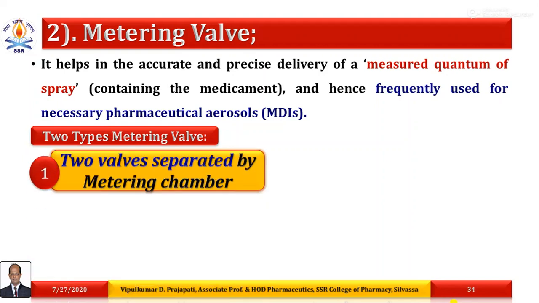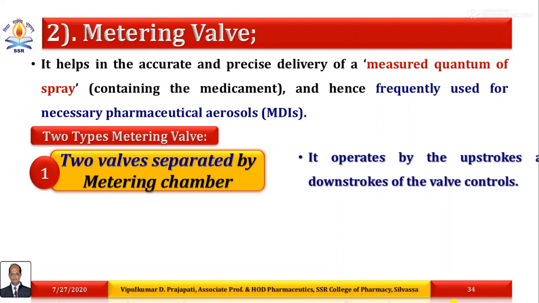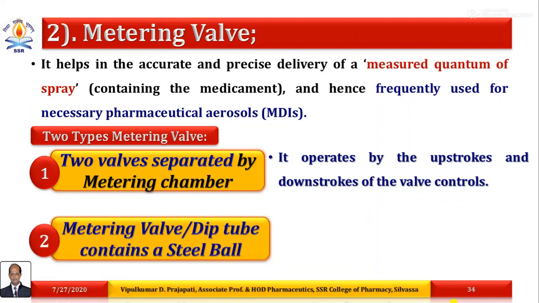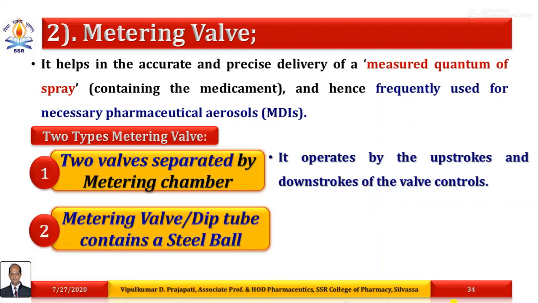First one is two valves separated by a metering chamber. It operates by upstrokes and downstrokes of the valve controls, and the second type is known as the metering valve or dip tube containing a steel ball. In detail about the metering valve we will discuss if required in the next session.